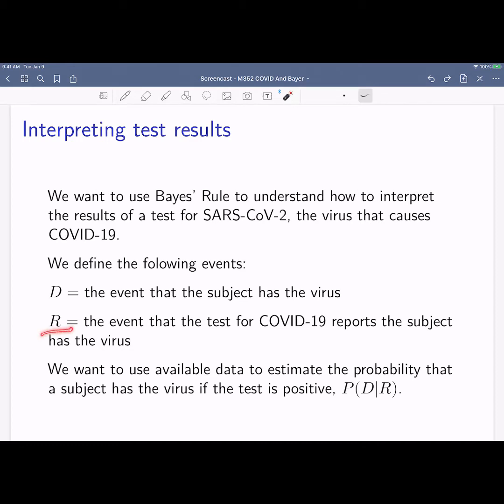And the event R is the event that the test that's given reports the subject has the virus. And we want to use available data that's out there in the world to estimate the probability that a subject has the virus if the COVID test is positive. So that's a conditional probability. What's the probability that the subject actually has the virus if their test comes back positive?